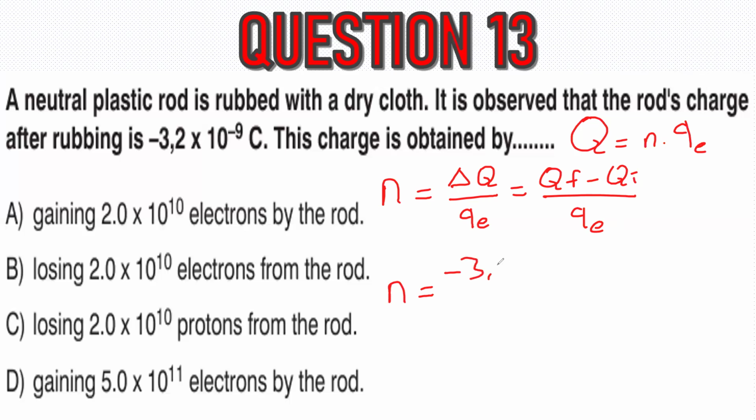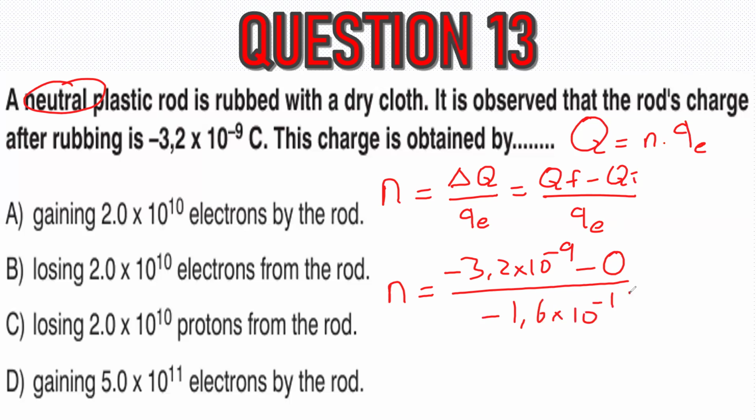So negative 3.2 times 10 to the power of minus, what was it? Minus 9. Q final minus 0 because Q initial is 0. How we know that? They said neutral. And negative 1.6 times 10 to the power of negative 19. This is a constant number. We are getting it from constants. And then what are we getting now? 2.0, we can write, just 2 also we can write, is fine. 2.0 times 10 to the power of 10 electrons. Yes. Number of electrons we done.